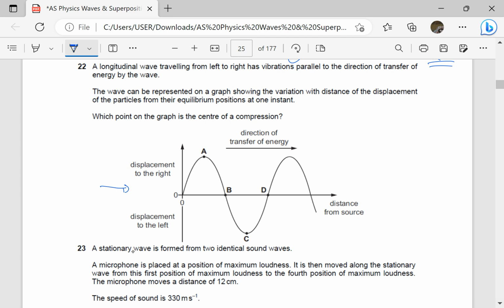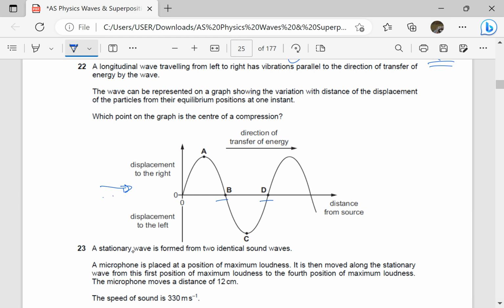Of course, at a compression, particles are under maximum pressure, which means the displacement must be 0. But because the wave is traveling from the left, we have 2 points where displacement is 0.